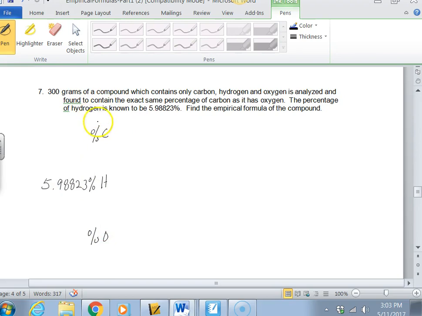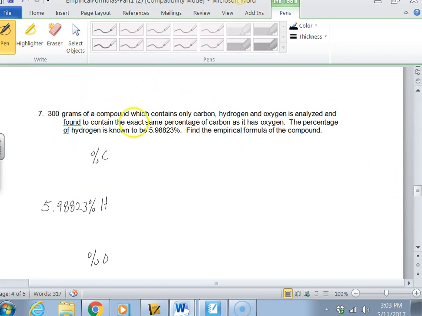So to find that, we would say 100% minus 5.98823. That equals 94.0118%.